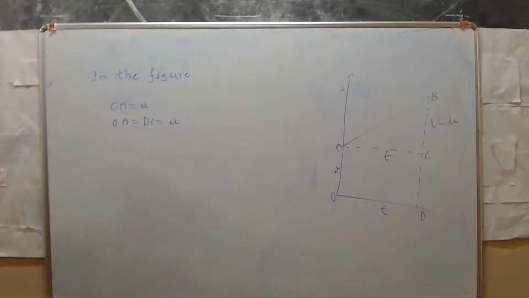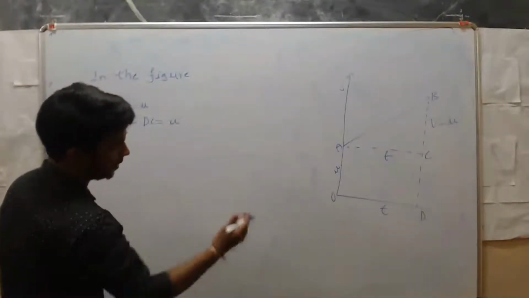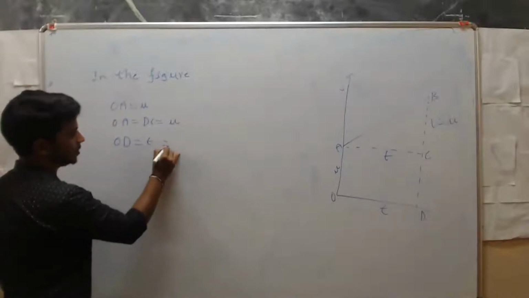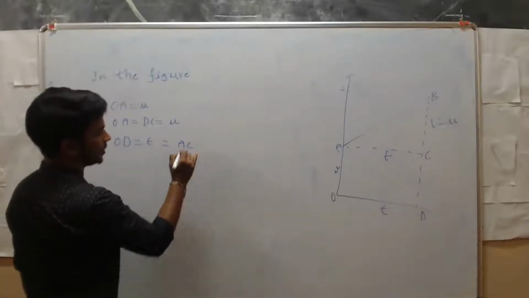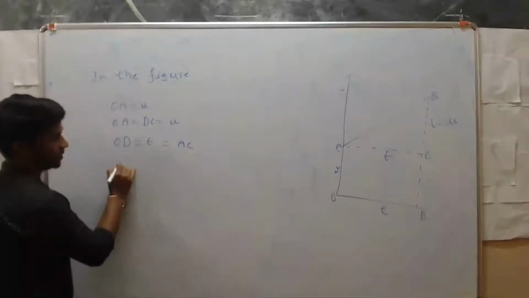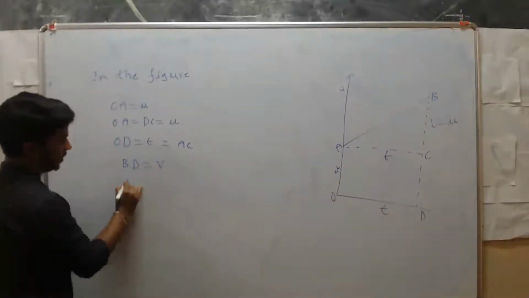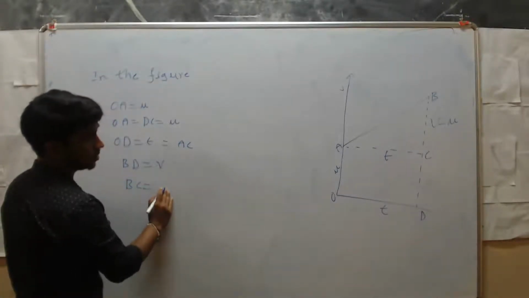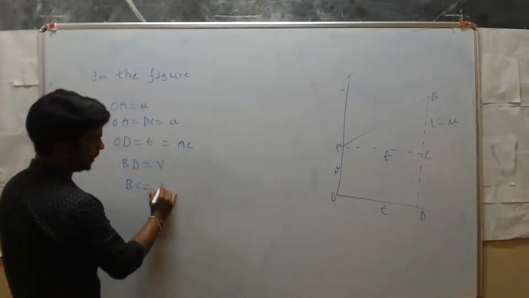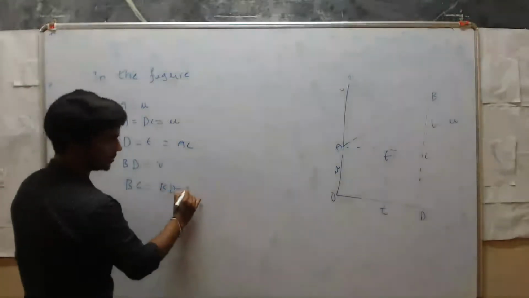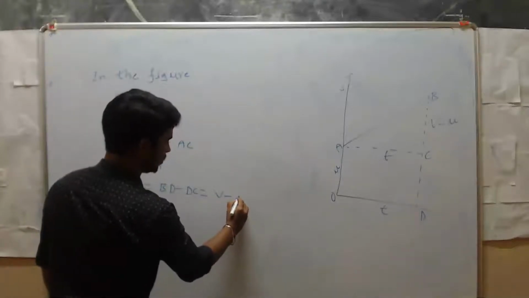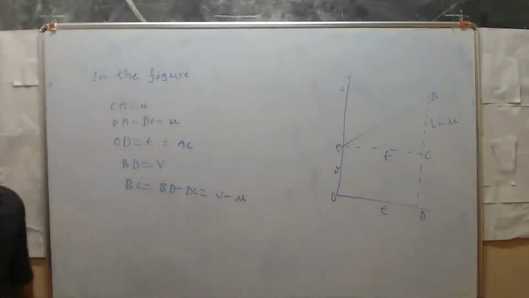Then OD equal to t, which is equal to AC. Then BD equal to v, then BC equal to BD minus DC, that is v minus u.